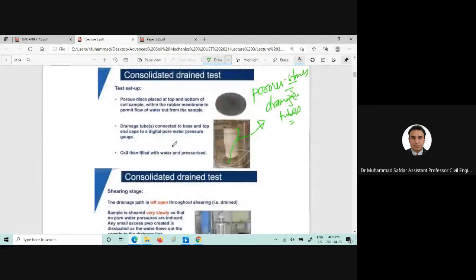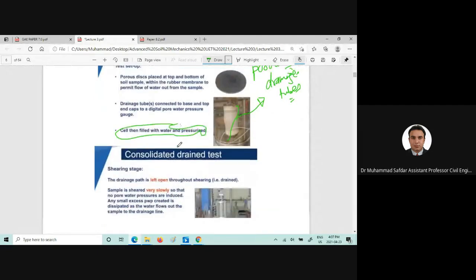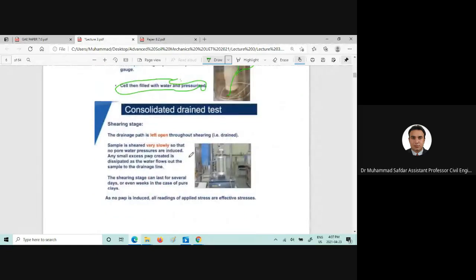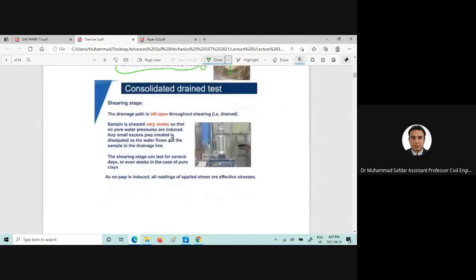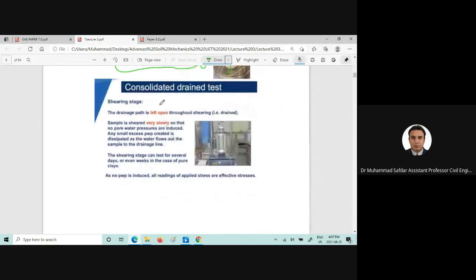Now, as we already discussed, the cell is filled with water and it's pressurized. The mechanism can be different: using a balloon, using water, or using pumps. During the shearing stage, the drainage path is left open. We say the valve is open.